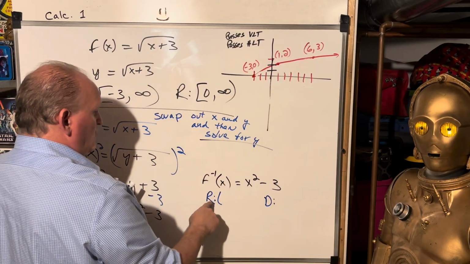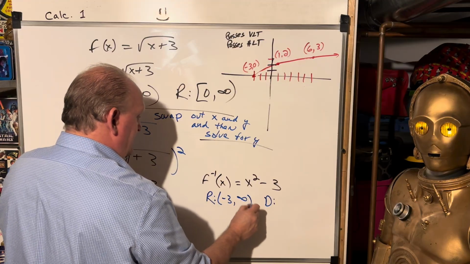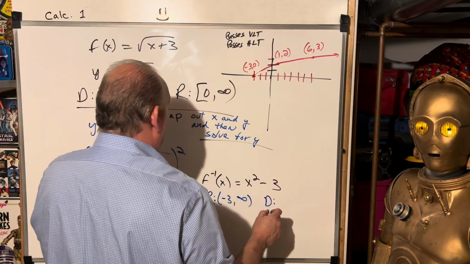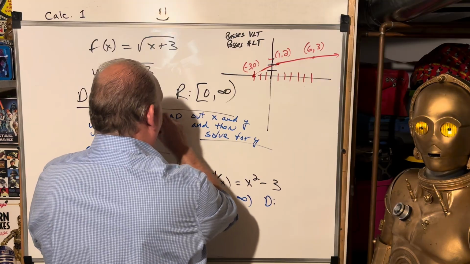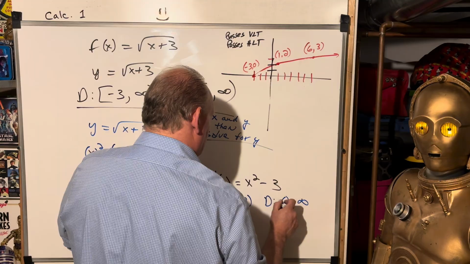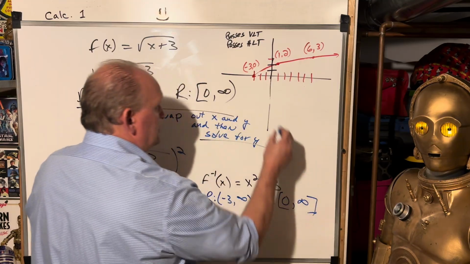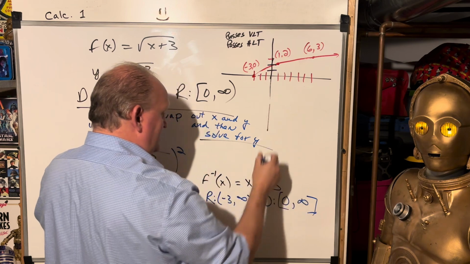So my range is going to be from -3 to infinity, and my domain is going to be from 0 to infinity. So that means it doesn't come into existence until 0.